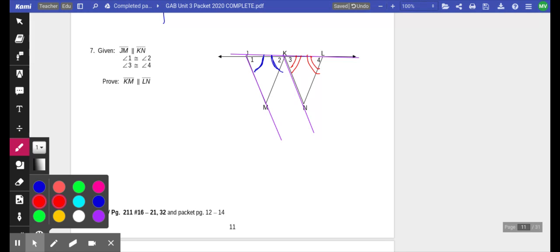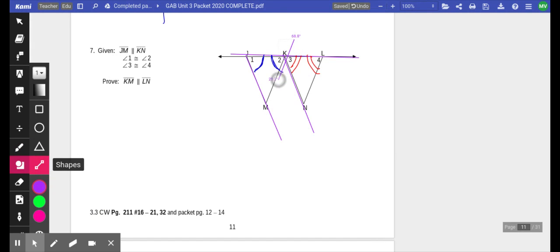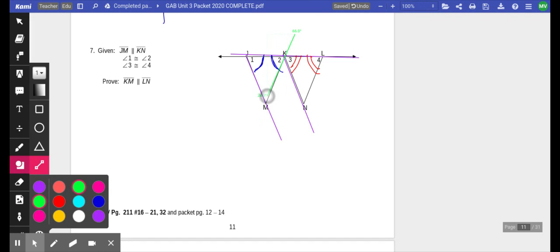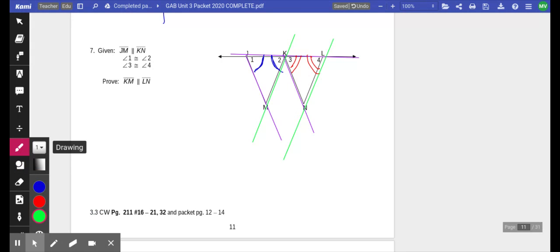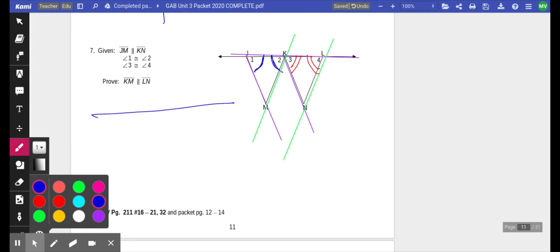And what I'm after is KM being parallel to LN. Okay. So let's see what I can do. So statements, reasons. That first thing tells me that those two lines are parallel, and I notice that they have the transversal JL.